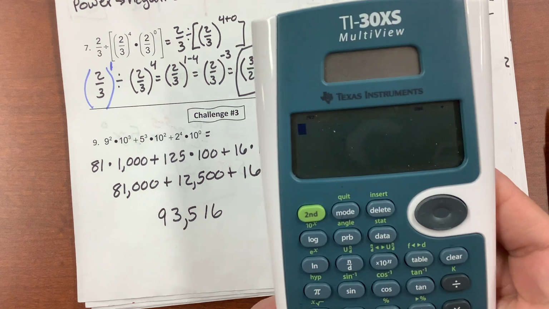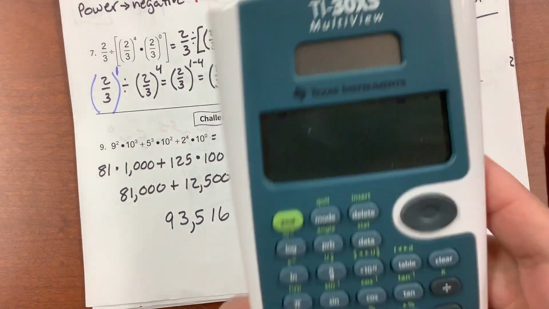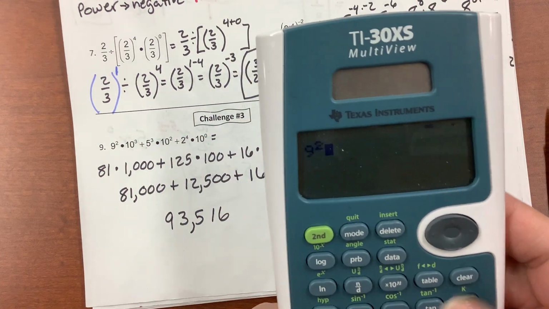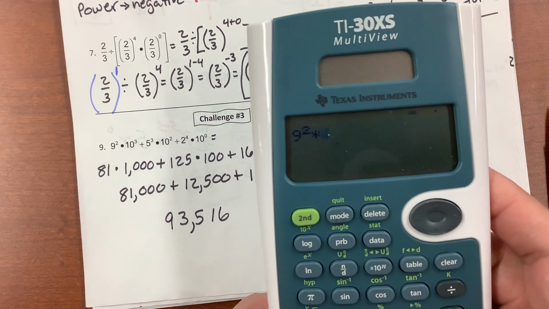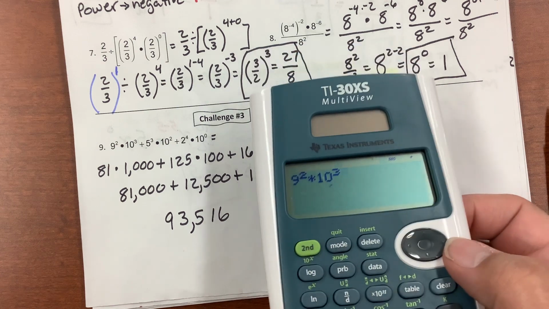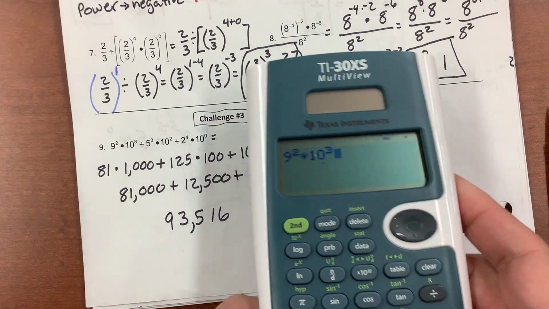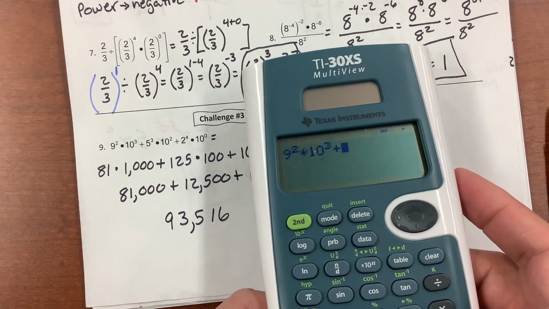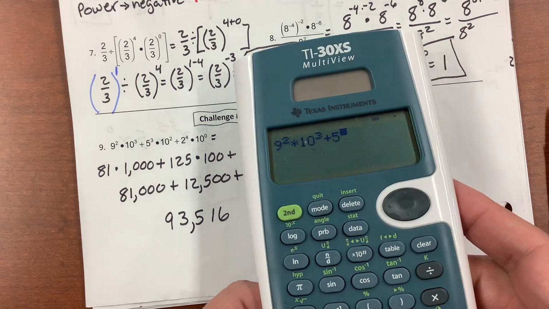Here we go. So I go back to the original equation. 9 squared times 10 to the third power. Get off the exponent, plus 5 to the third power.